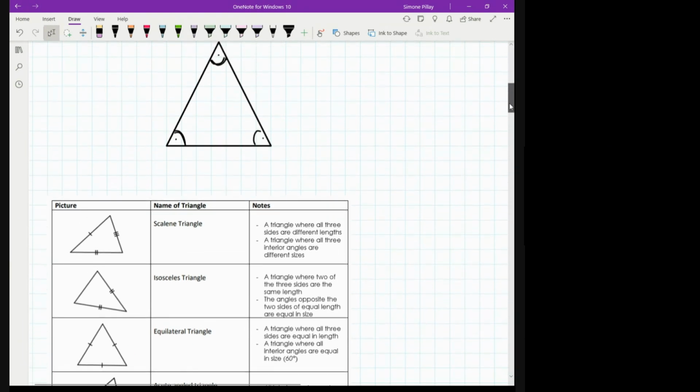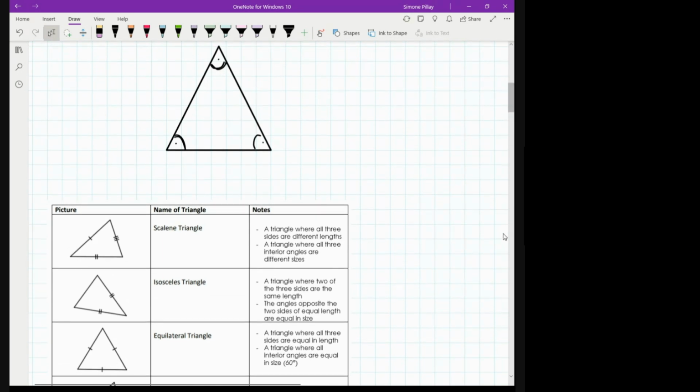So if I go back up and include my drawing here of a triangle, we can classify my triangle based on polygon. Yeah, my bad. Nobody even noticed or said anything. Okay, so we can classify our triangles based on their sides.